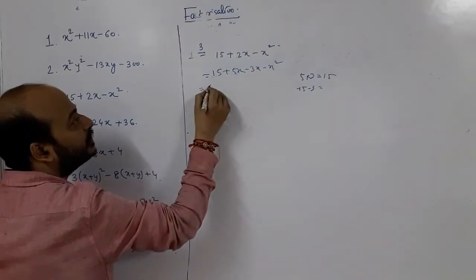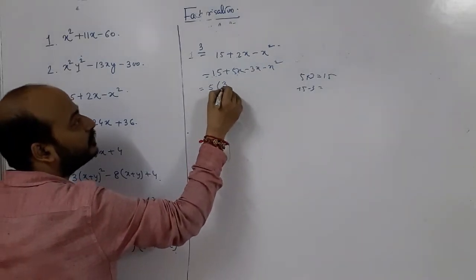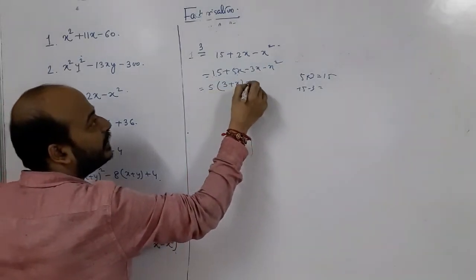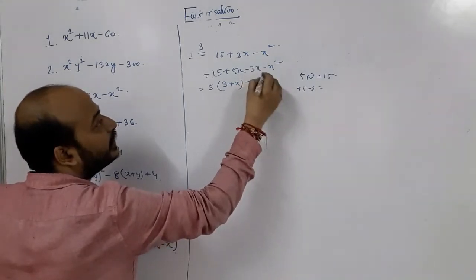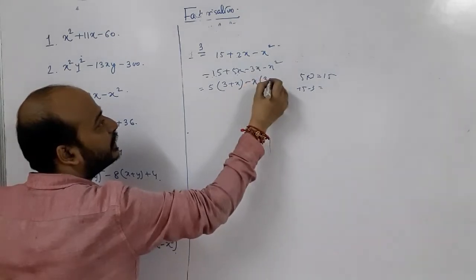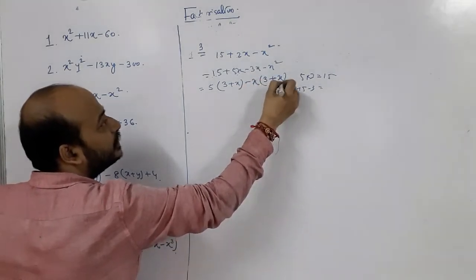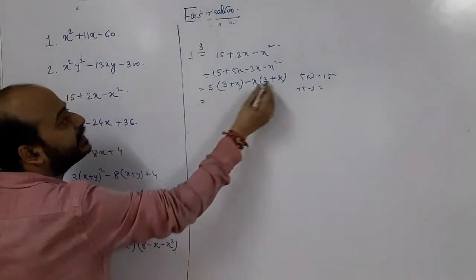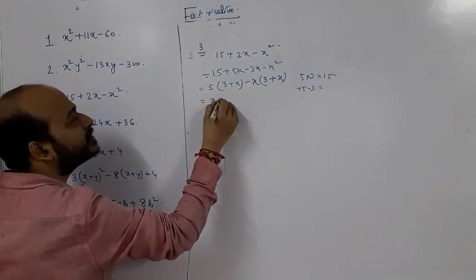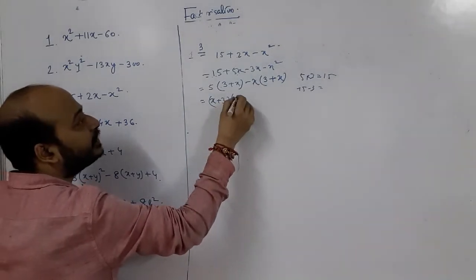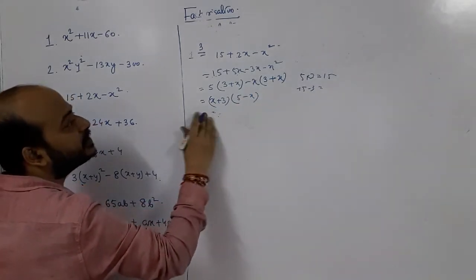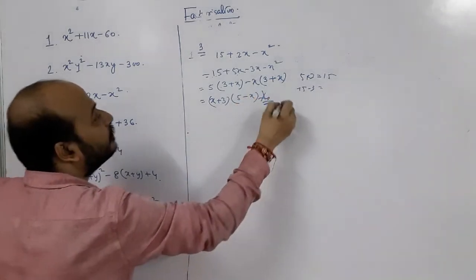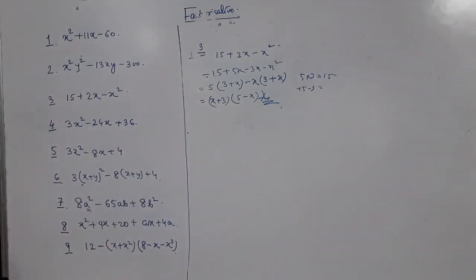From 5 and 15, I can take 5 common, 3 plus x, minus x common, what I get? 3, again the sign inside will change. Finally I can take 3 plus x, that is x plus 3 common. What I get left here? 5 minus x. So that will be my answer, x plus 3 and 5 minus x. Understand?